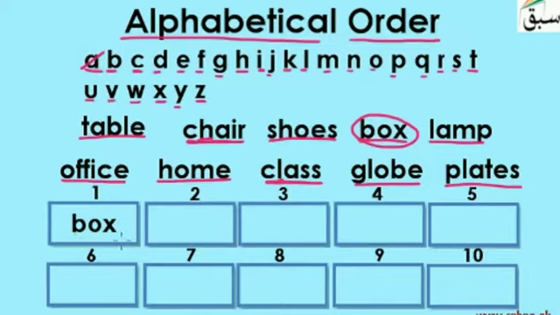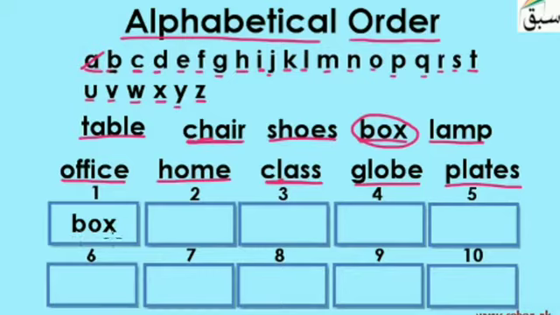Now why have I written this word in the first box? Because according to the order of the alphabet, A is the first letter and there is no word from letter A. After that, B is the second letter.